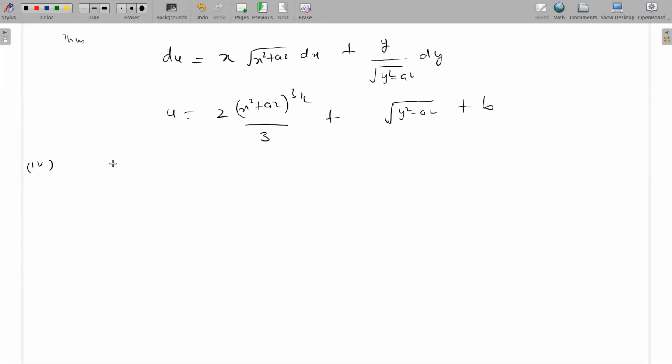Fourth part. So in your notation, this is p square plus q square plus 1 minus 2u. So which form do you have?